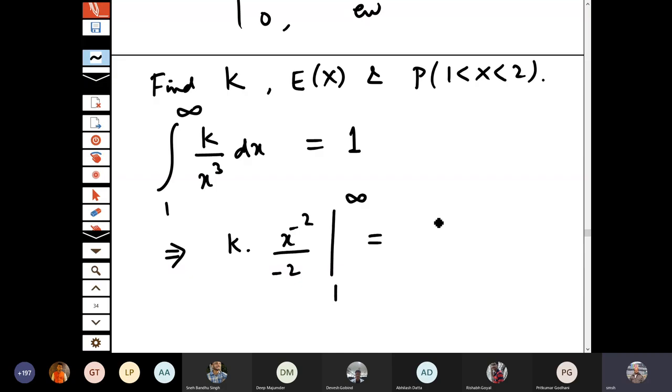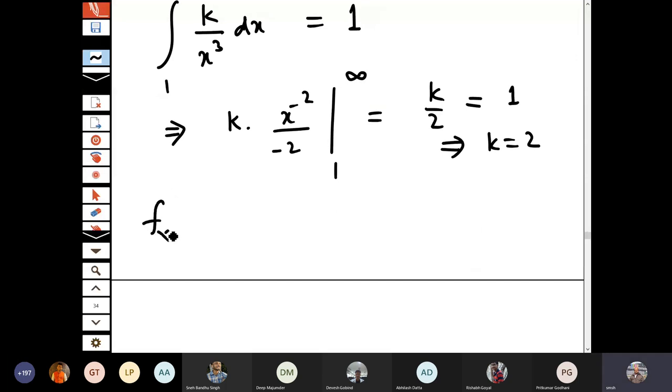So you get k by 2. Now you are saying this is equal to 1, that means k is equal to 2. So the density function then will become f(x) equal to 2 by x cube for x greater than 1 and 0 otherwise.